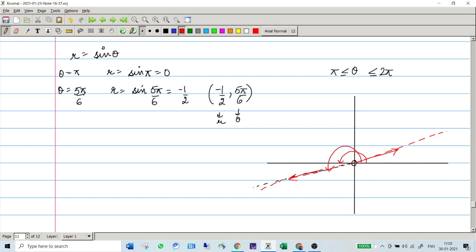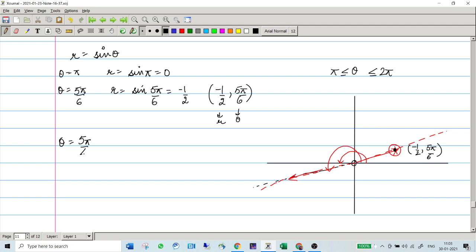So you'll be traveling half units in this direction, which would give you precisely this point. This particular point is going to be (-1/2, 5 pi by 6). Okay?